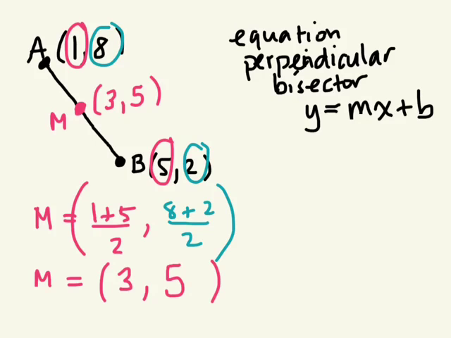We know that the equation of this perpendicular bisector is going to pass through this point, right? And it's got to be perpendicular to AB. Well, in order to figure out if it's perpendicular, we have to figure out the slope of AB first, right? Because we know that the slope of my bisector will have a negative reciprocal.